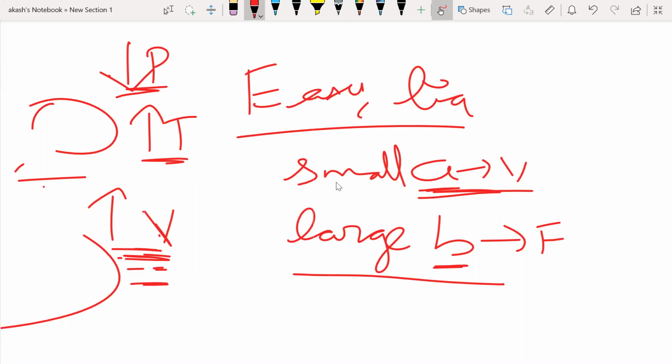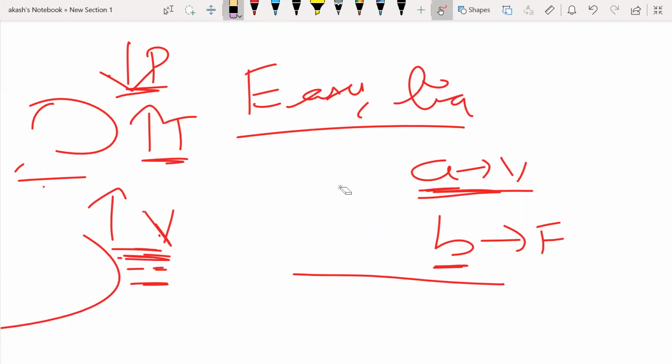Oh, yes, actually, it's exactly opposite. Thanks for pointing it out. The concepts are pretty much the same. Oops. Right, this is for force and this is for volume.